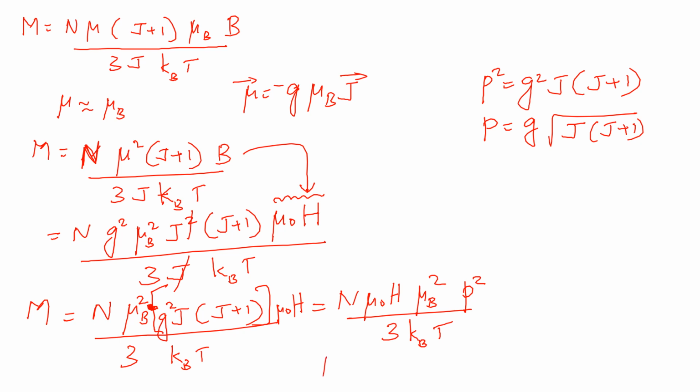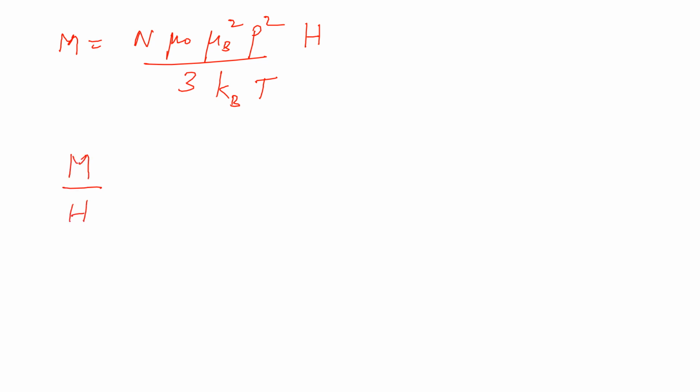So we got the expression for M equal to N mu_0 H mu_B squared p squared divided by 3 k_B T. We have magnetization M equal to N mu_0 mu_B squared p squared divided by 3 k_B T times H. We take the H to the left side, it will be M divided by H. But what is M divided by H?